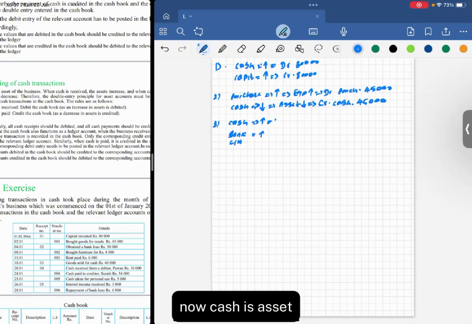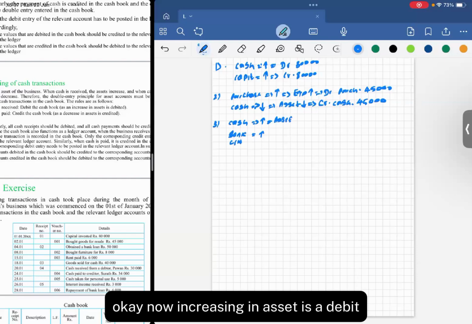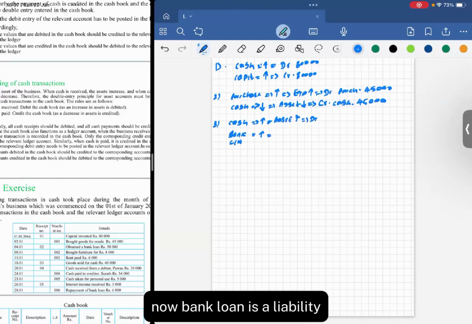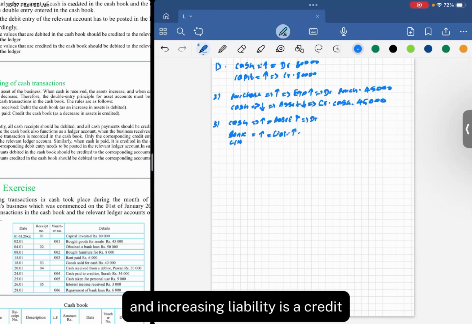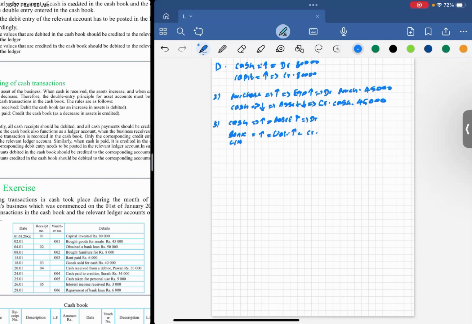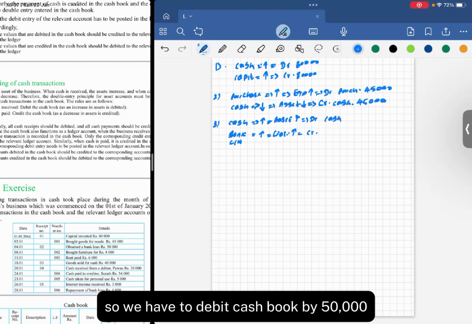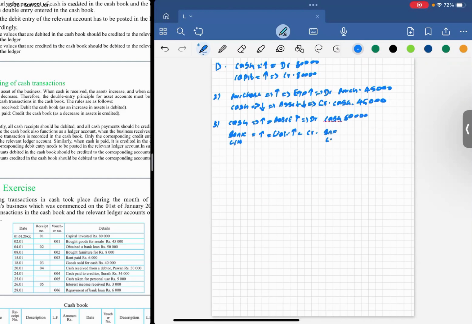Cash is an asset, and increasing an asset is a debit. Bank loan is a liability and increasing a liability is a credit. So we have to debit cash book by 50,000 and credit bank loan account by 50,000.